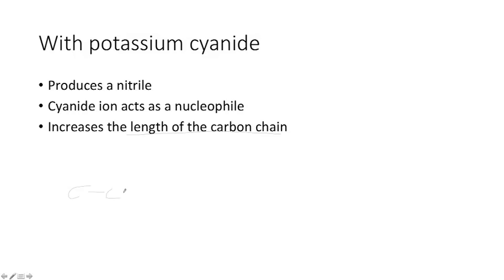So, let's just take, sorry, it's got a bit askew. Sorry, my drawing isn't the best. Just going to take our halogenoalkane, got our dipole, delta positive, delta negative. Then we've got our cyanide ion.